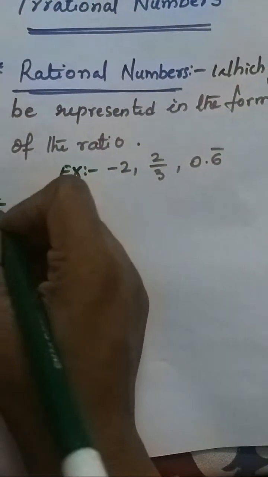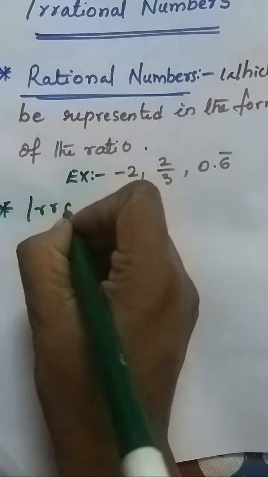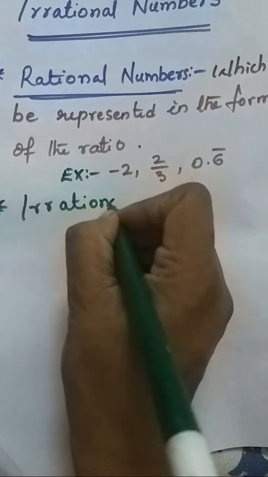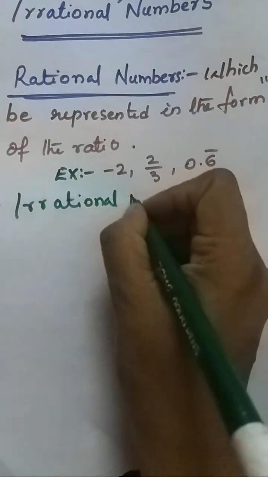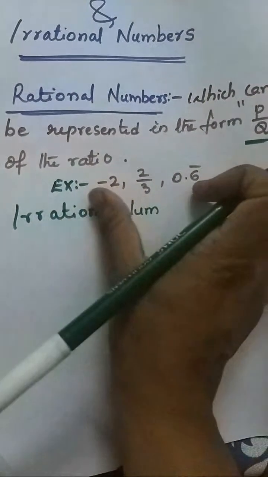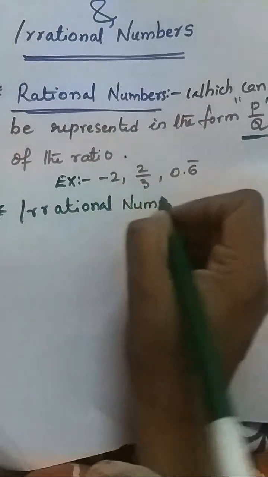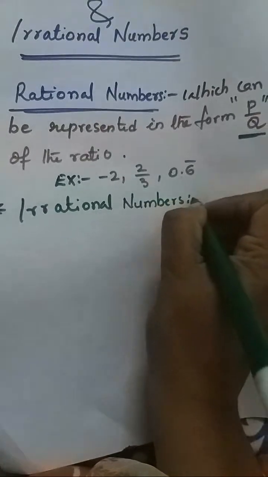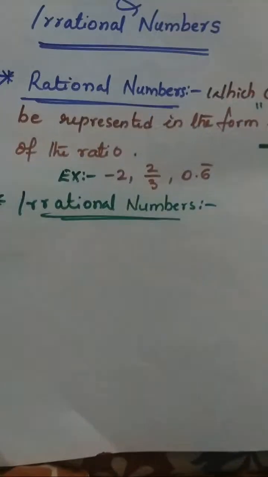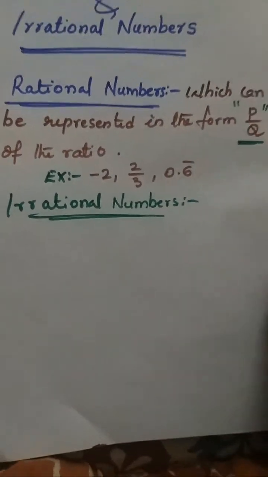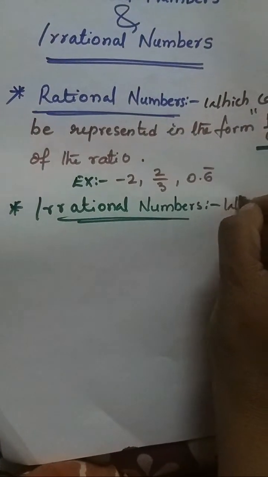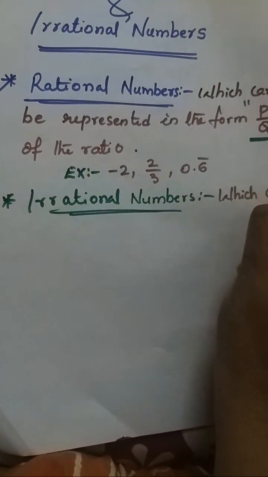Okay, next, irrational numbers. First of all, we have to learn what is irrational, which numbers can be represented and which cannot.